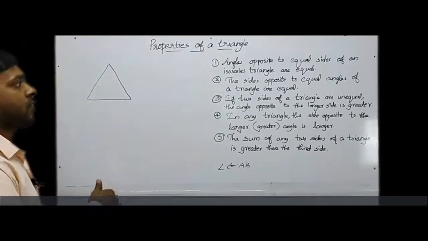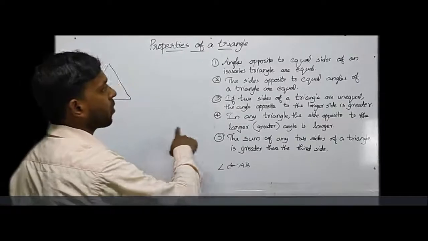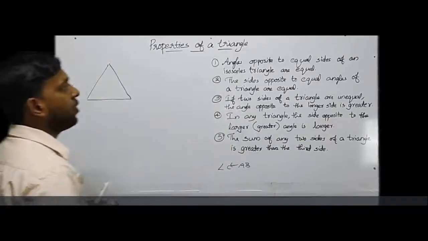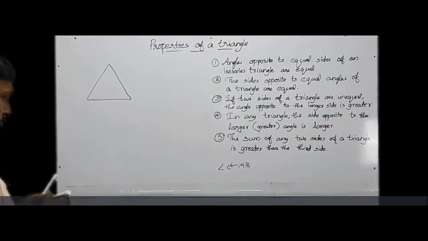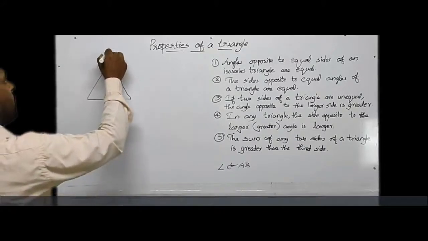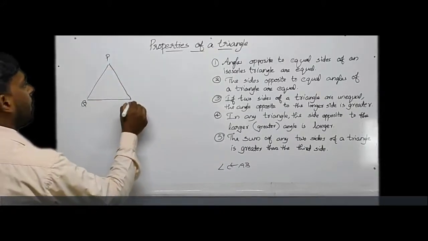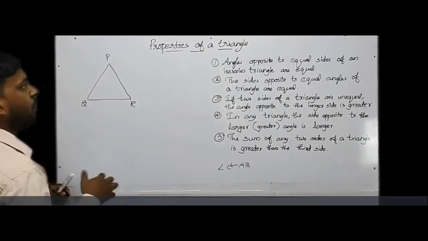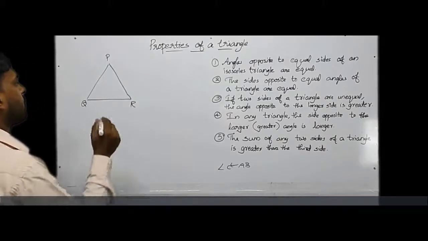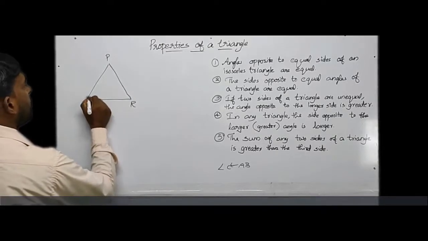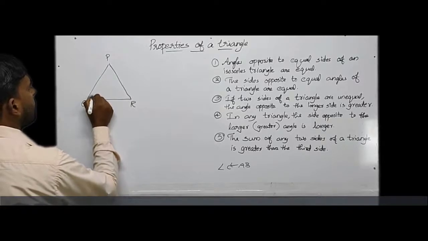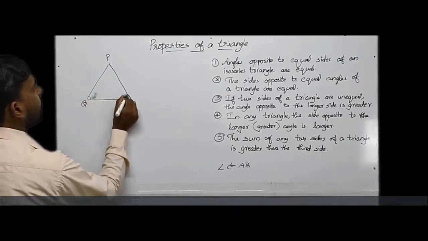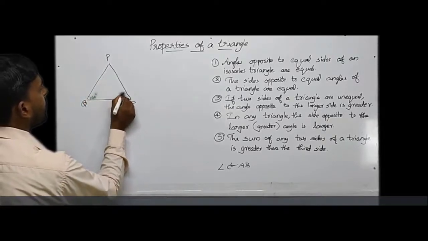So let's understand what this second property talks about. The sides opposite to equal angles of a triangle are equal. So in this triangle, let me name it PQR. Let me put this angle as 60 degree, and this also as 60 degree.